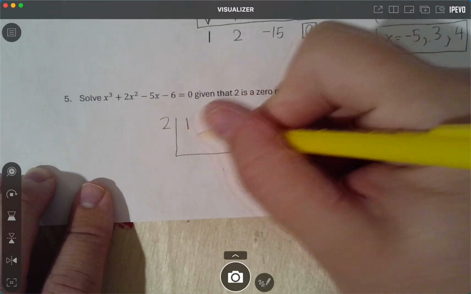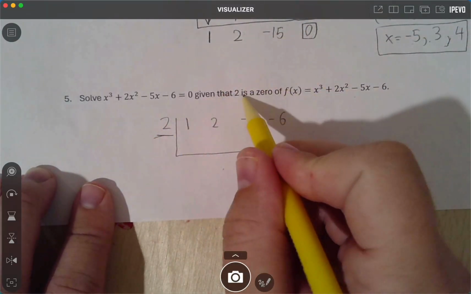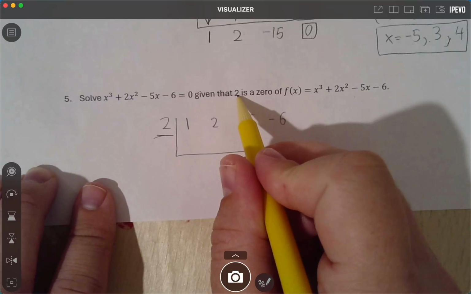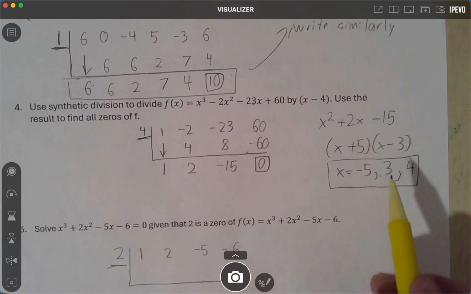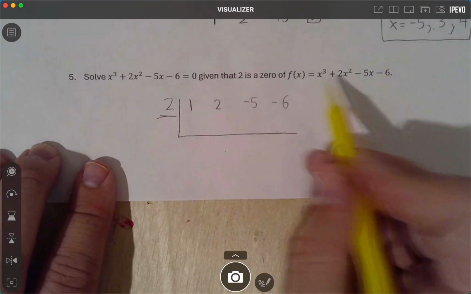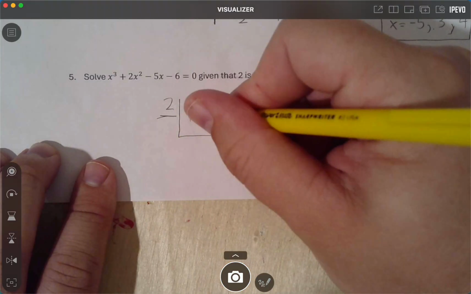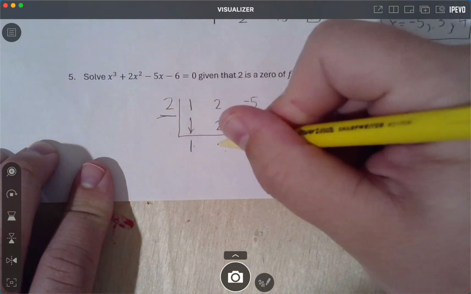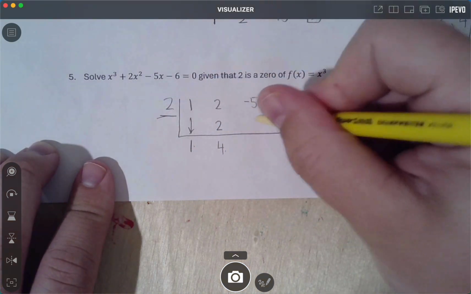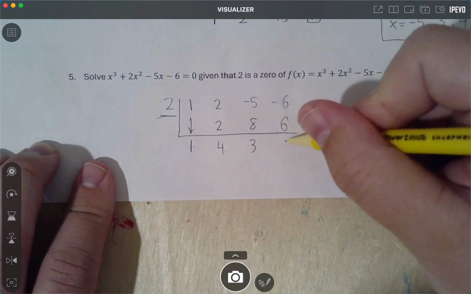From there, let's solve. If 2 is a 0, careful, notice I'm not flipping this because this was not given to me in algebra either. They just told me 2 is a 0. 2 is a root. Hey, look, just like those numbers are roots. So I'm using that number directly because it didn't come from algebra that I had to flip. Drop the first number, multiply, combine, multiply, combine, multiply, combine.